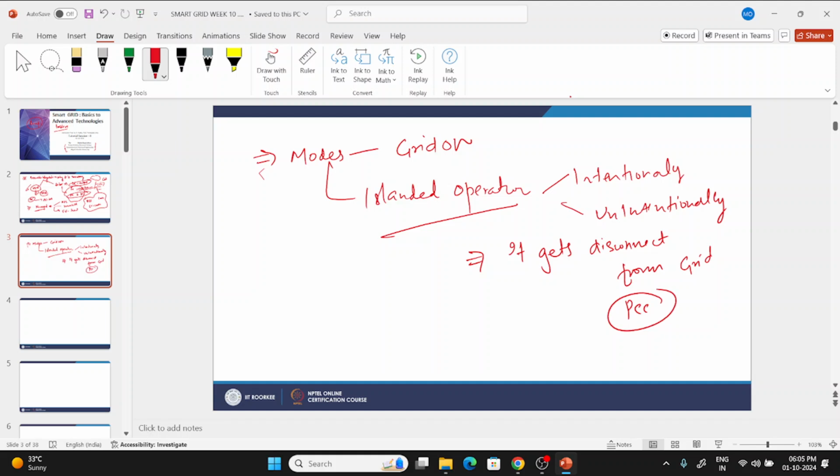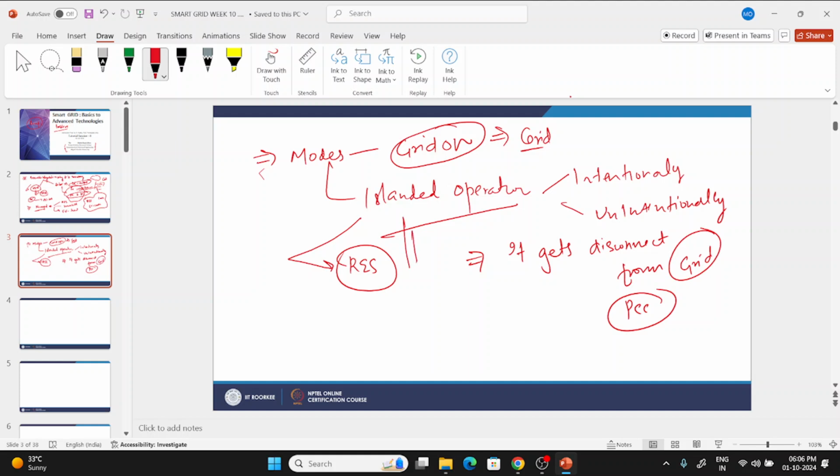In grid connected, or grid on mode, the grid is connected to the microgrid and energy is supplied from there also. But in islanded mode of operation, the energy is generally supplied from the renewable energy sources inside the microgrid, because the grid is disconnected from that microgrid.